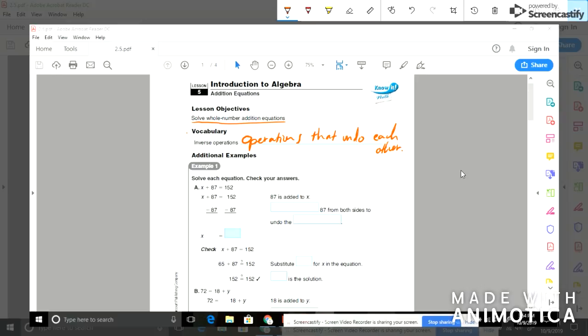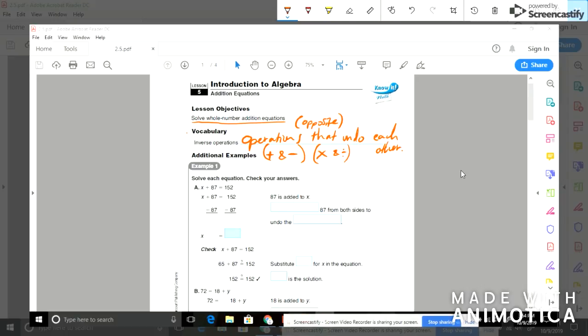An example of inverse operations would be addition and subtraction. Some people call these opposite operations. The other set of inverse operations would be multiplication and division.